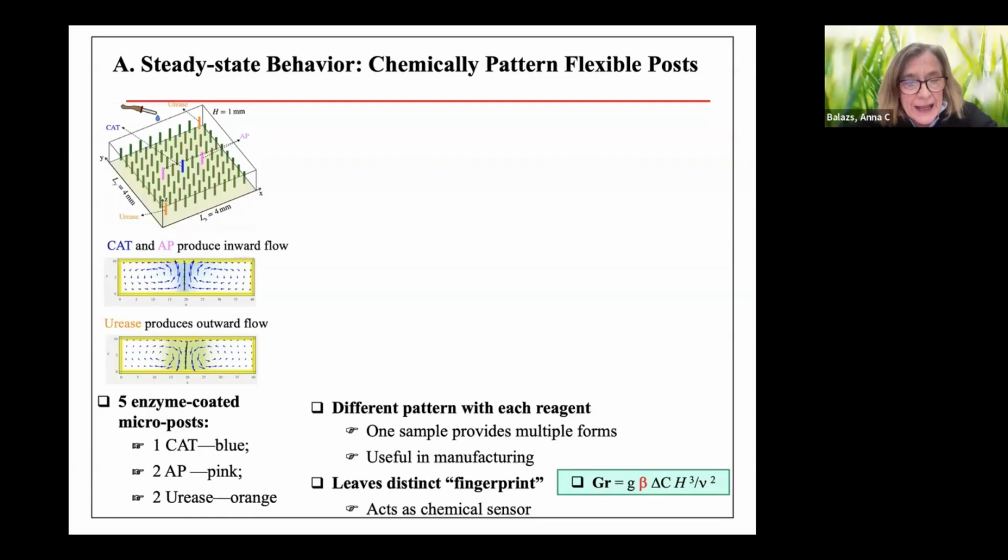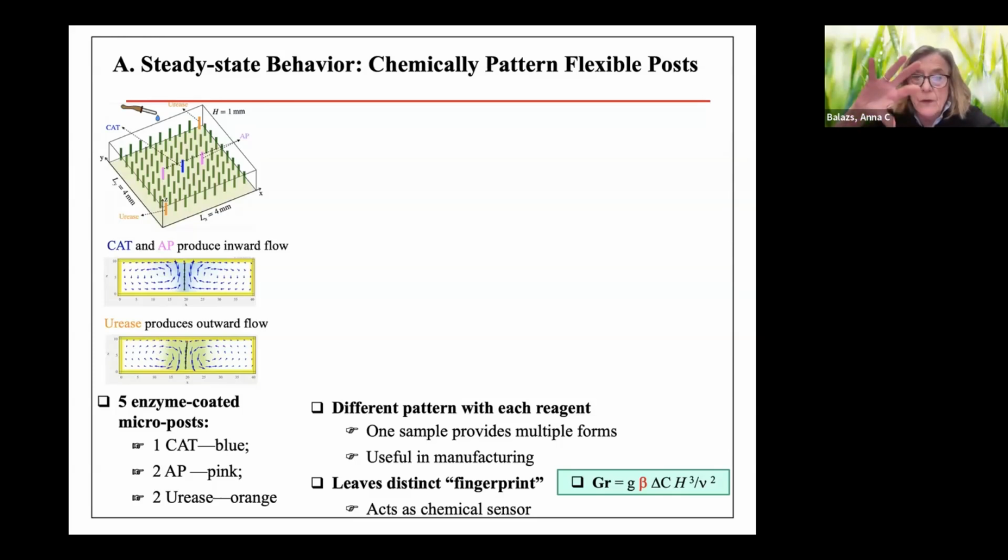You have dimensions there. And catalase, which decomposes hydrogen peroxide, is in blue, and acid phosphatase decomposes another reactant. And then there's urease, which is activated by urea.